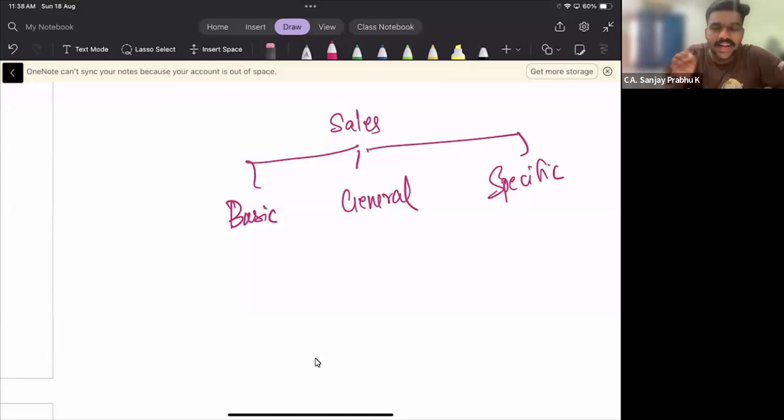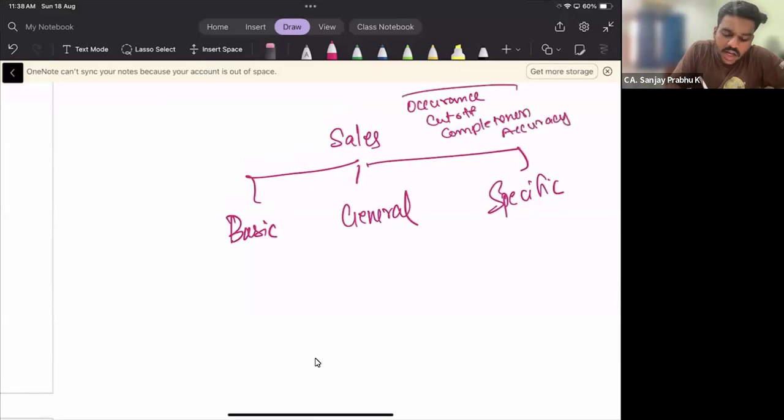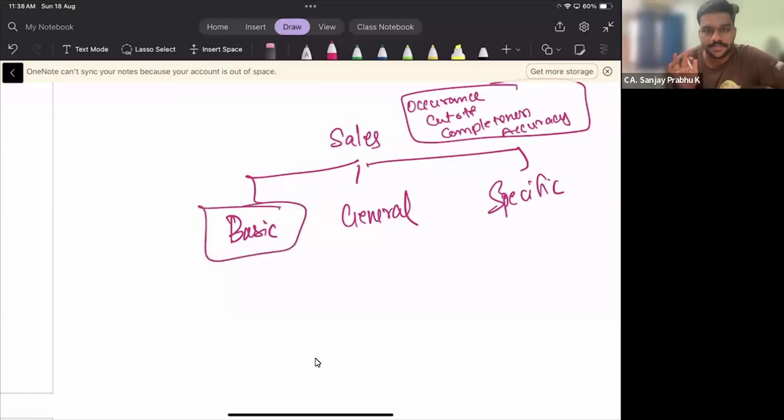Sales item or P&L account item. P&L account item assertions: occurrence, cut off, completeness, accuracy, measurement. As an auditor, P&L account items check. Okay, so that's basic.